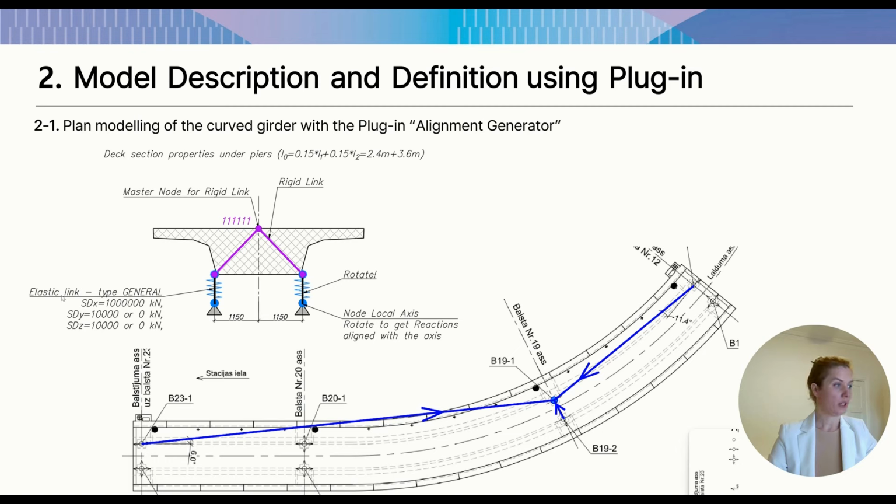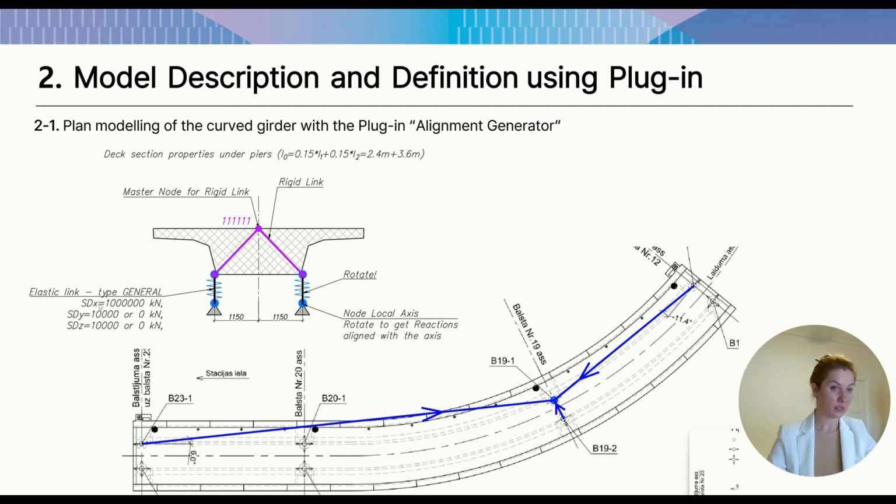In each elastic link, type general, there are 6 degrees of freedom for movements and rotations, to which you can assign stiffness. For the supports used in this model, I chose 3 rotations free, but they will have some stiffness in the transverse directions and in the vertical direction. Naturally, a very large stiffness in the vertical direction.